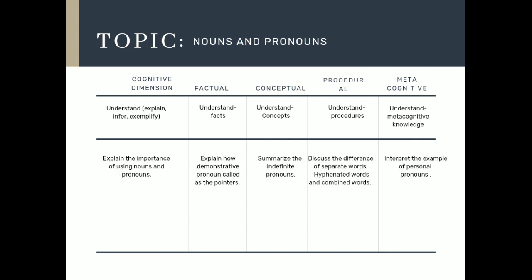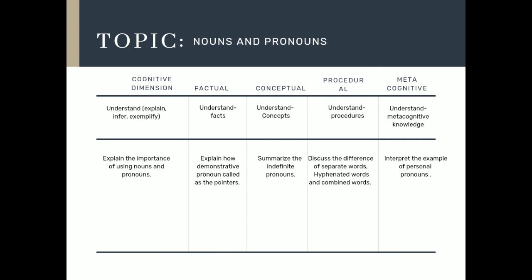Now we are going to proceed to the second level of the cognitive domain, which is understand. If we say understand, it means explain, infer, exemplify, etc. In this first column, I wrote: explain the importance of using nouns and pronouns.